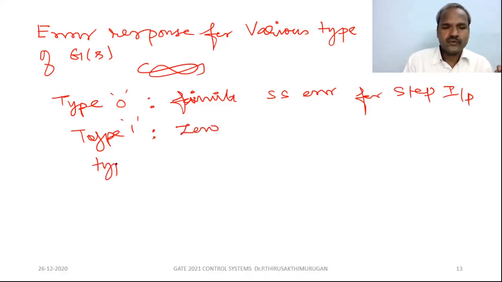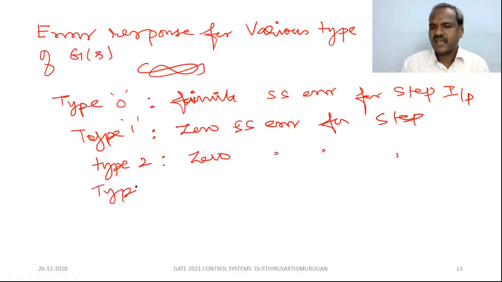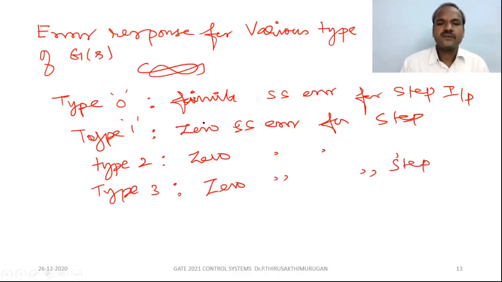Type 2 system for step input also has 0 steady state error. Then type 3 system also has 0 steady state error for step input, right? So this is all the analysis for step input for various types of system.